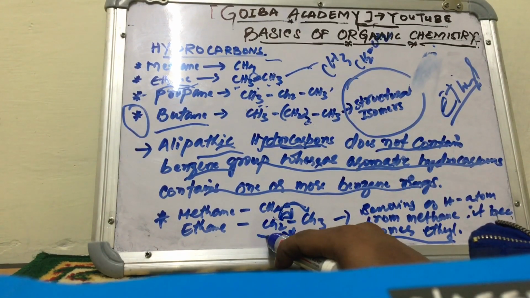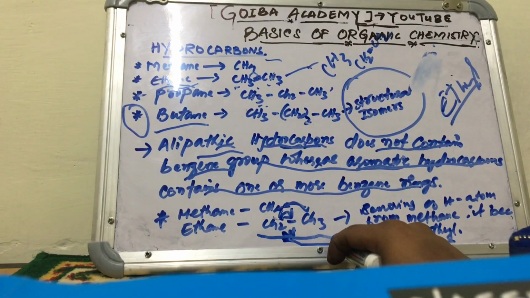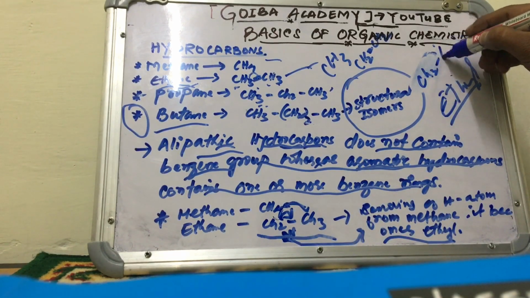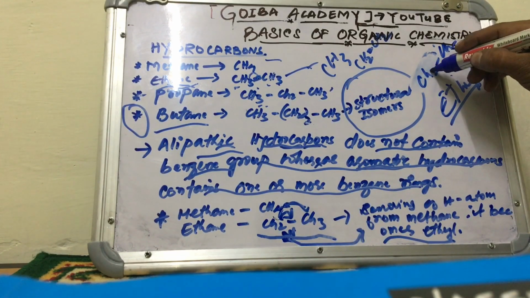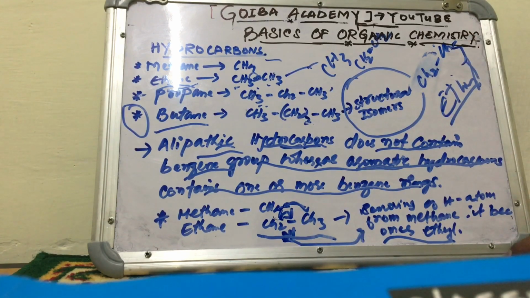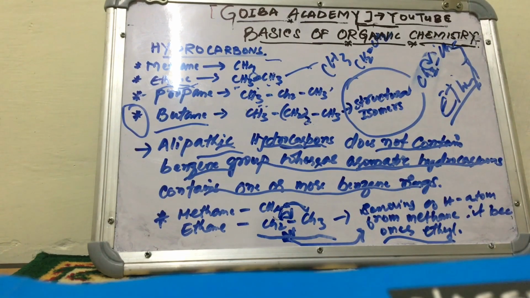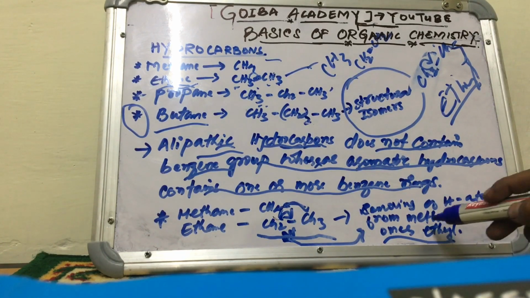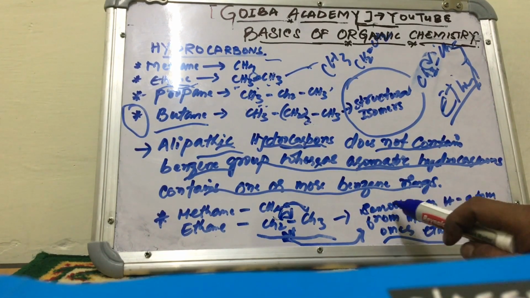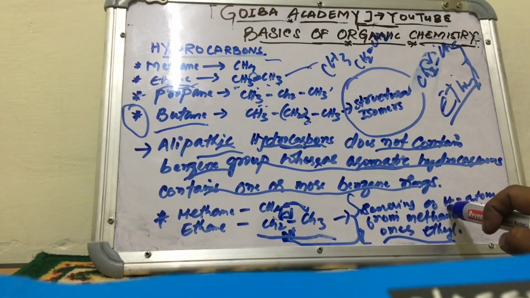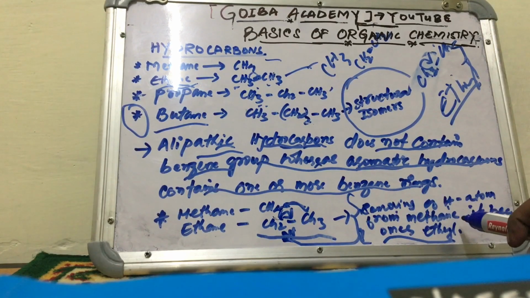In the example I have written here, CH2 CH3, one hydrogen is missing, because from here it goes to make a bond. Whenever a carbon loses one hydrogen, it becomes an alkyl group. In simple language, removing a hydrogen atom from methane gives methyl.